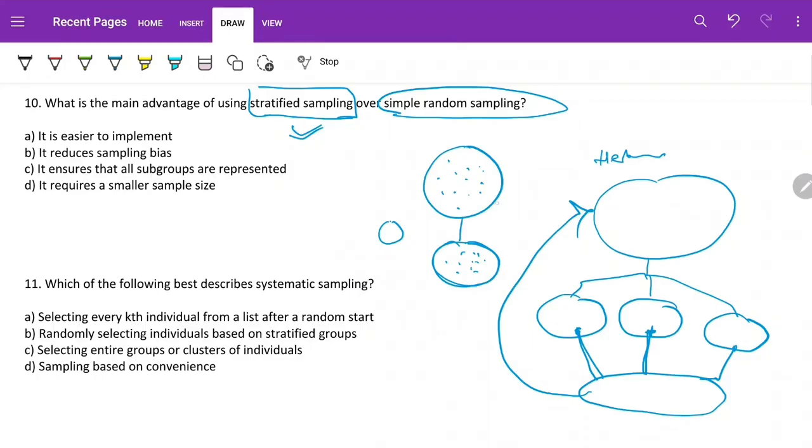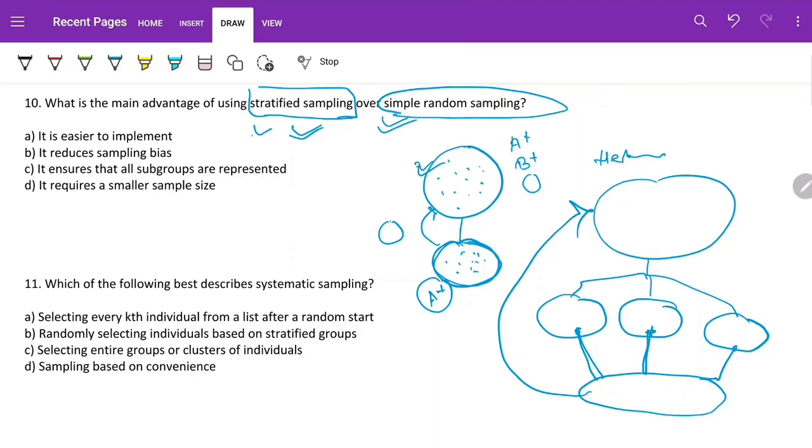For example, let's say these are patients with blood groups A positive, B positive and O, and we are studying the blood group of the population. It may be possible that in simple random sampling, only people of A positive blood group get selected. So it may not represent the entire population.